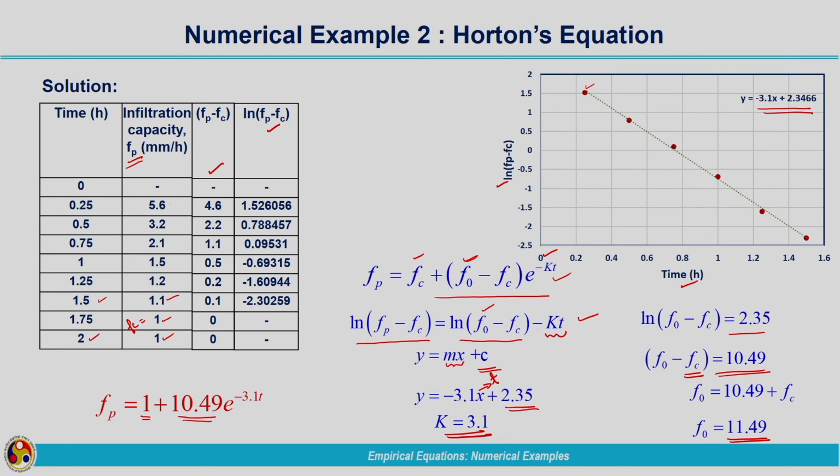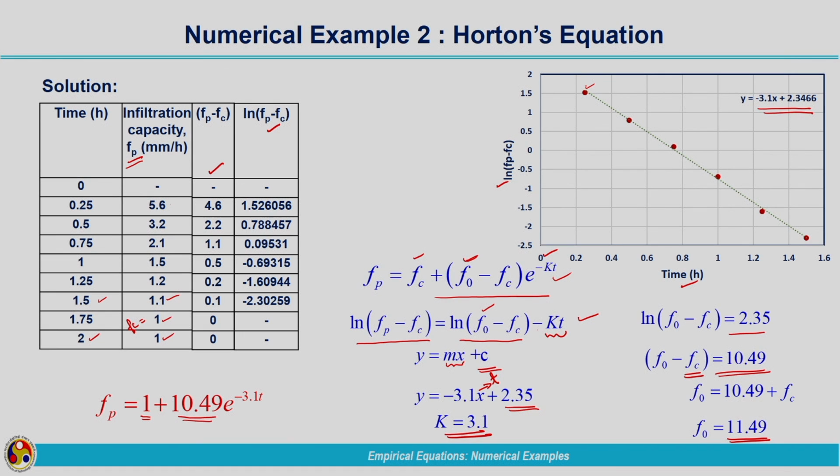So, from the infiltration data given to us, we have calculated the Horton's parameters. The way in which we have proceeded, we take the natural logarithm, and after that we get the equation in the form of a straight line, and for the data we fit a straight line, and comparing these two equations we can find the parameters related to Horton's equation.